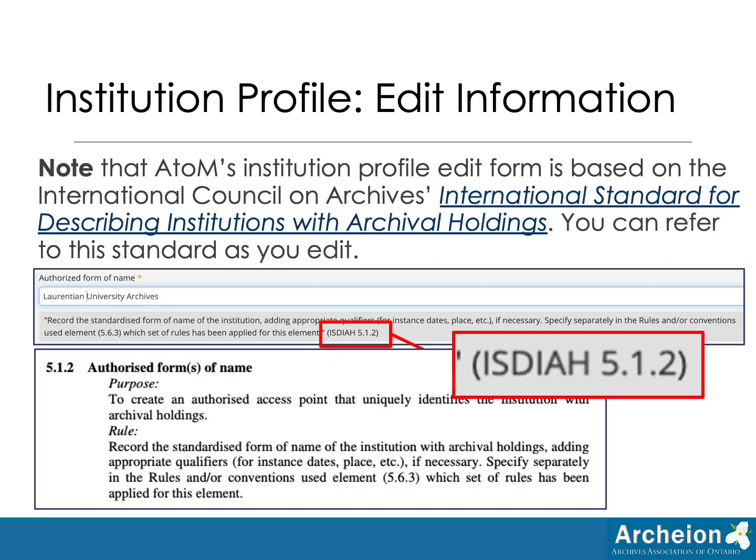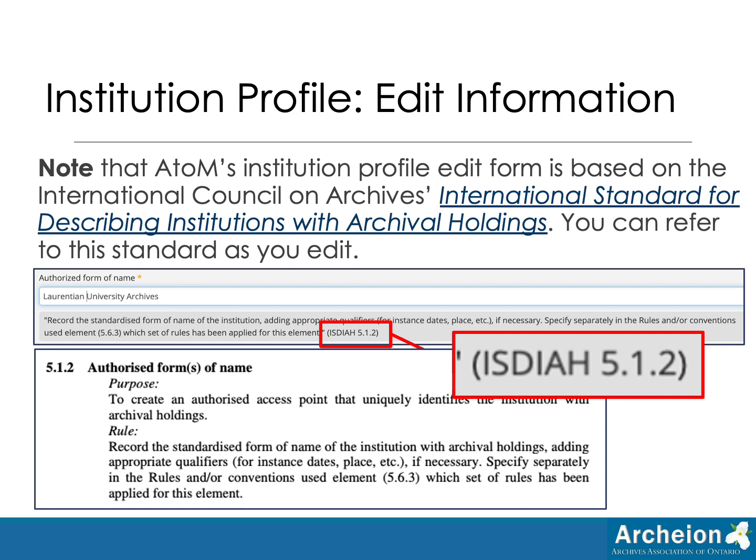Once you're in the Archeion institution profile edit form, you'll see this little acronym around the form, ISDIAH. ISDIAH 5.1.2 is being referenced here, and I just want to highlight that this is because the institution profile edit form is based on the International Council on Archives International Standard for describing institutions with archival holdings.